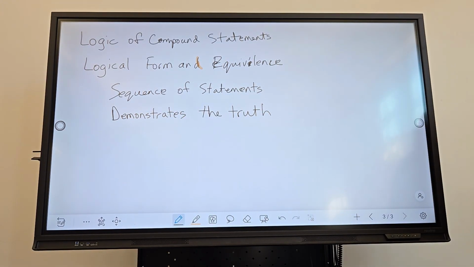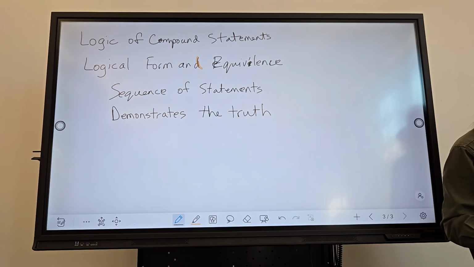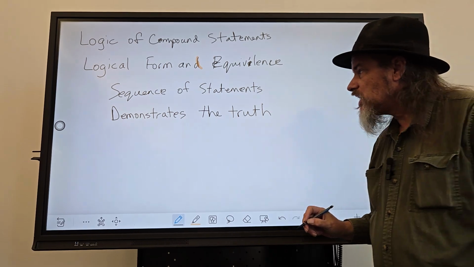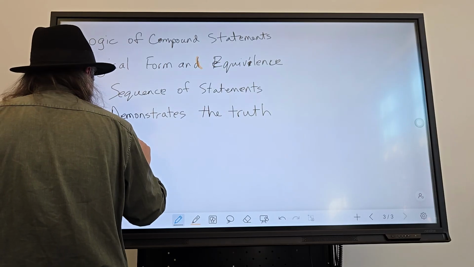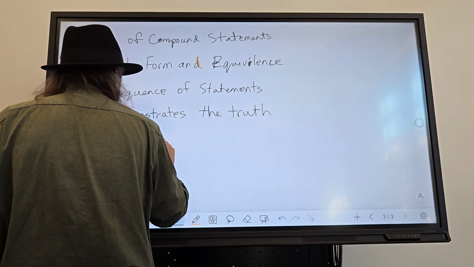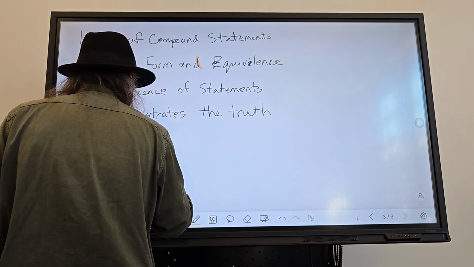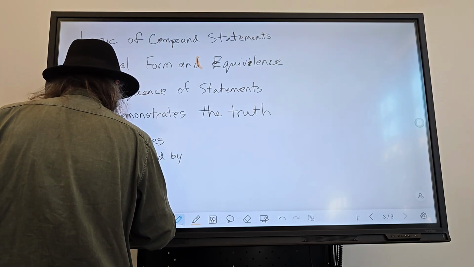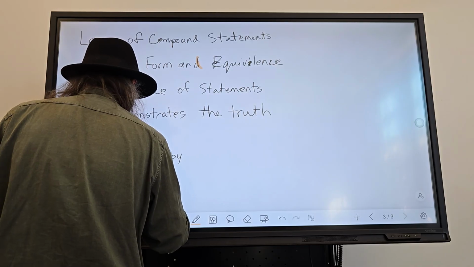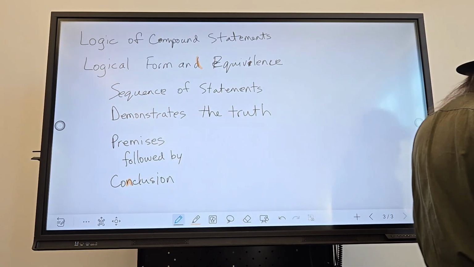All right. An assertion at the end of the argument is called the conclusion, preceded by various premises. Premises followed by a conclusion.